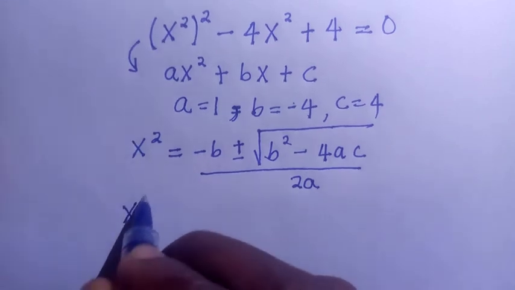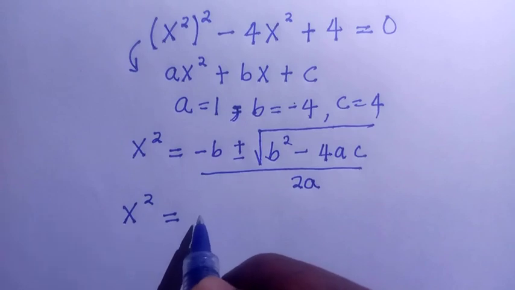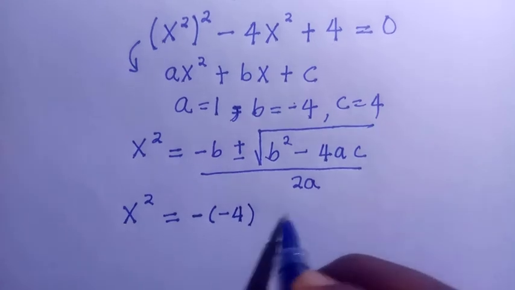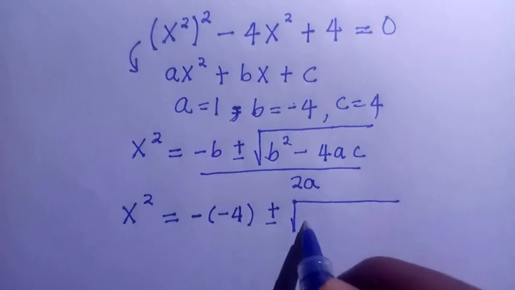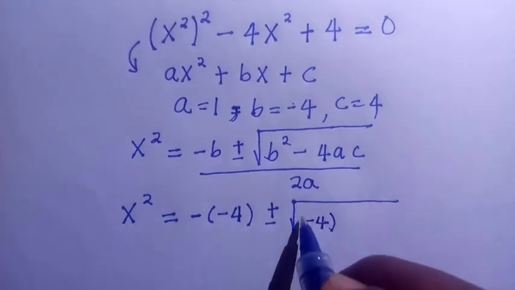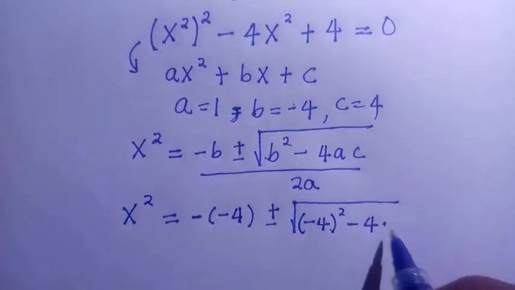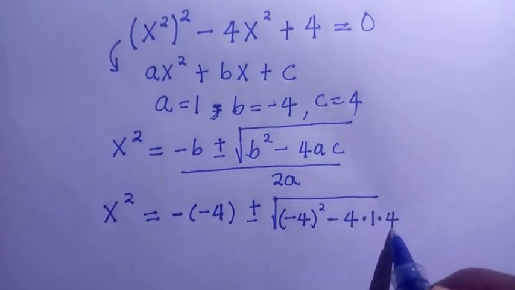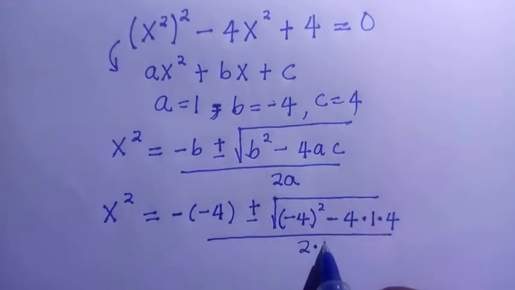So here we have x to the power of 2 equals, b here is now minus 4. Then we have minus open bracket minus 4 plus or minus the square root of minus 4 square minus 4 multiplied by, the value of a is 1 and the value of c is 4. Then everything divided by 2 multiplied by 1.